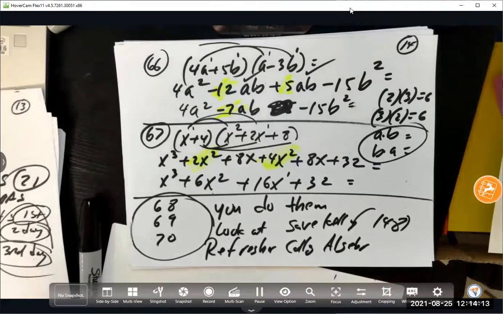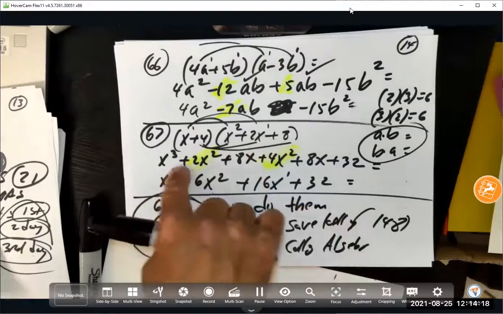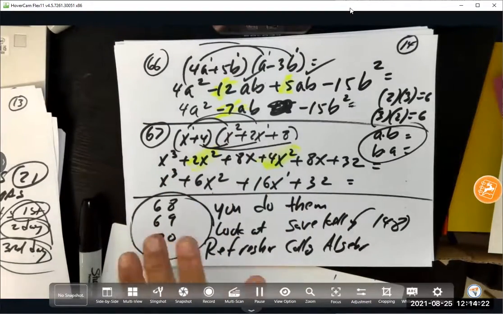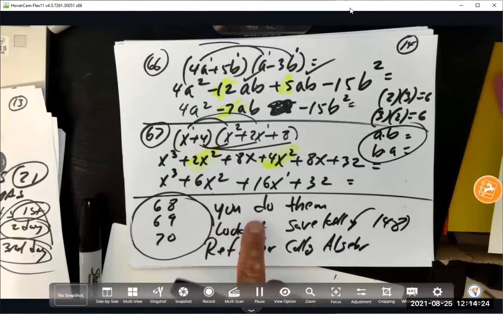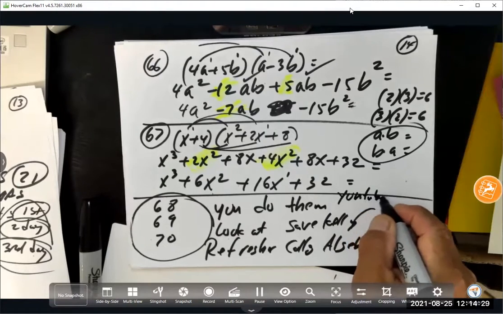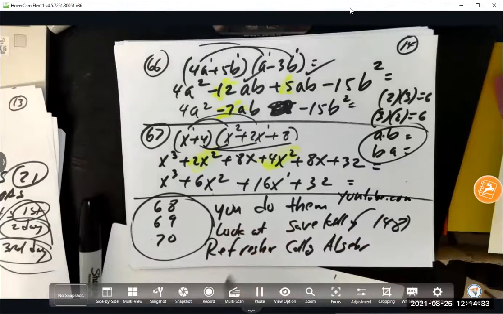Hopefully. We'll see what happens. All right. 68 and 69 are the same thing. 2 by 3s, 2 by 3s, 3 by 3s. They're the same kind as this. They're just different numbers. So you can do those. Go to the YouTube website, and once you get in there, go to Oliver's Math Help. You'll see this refresher thing.